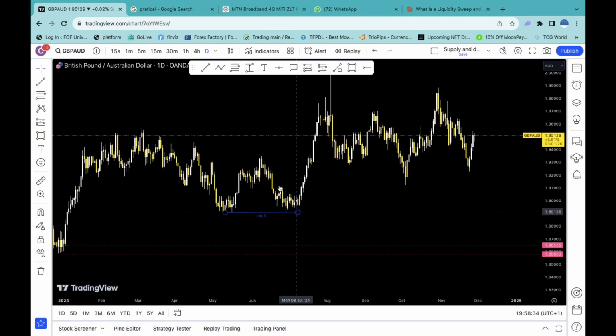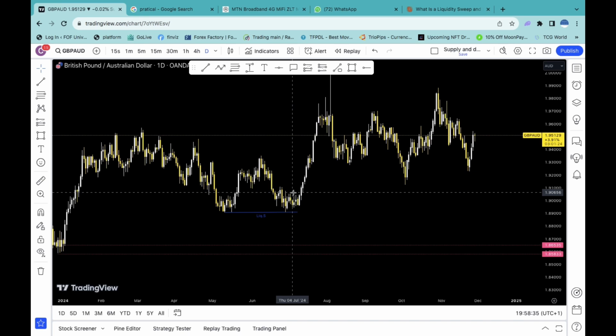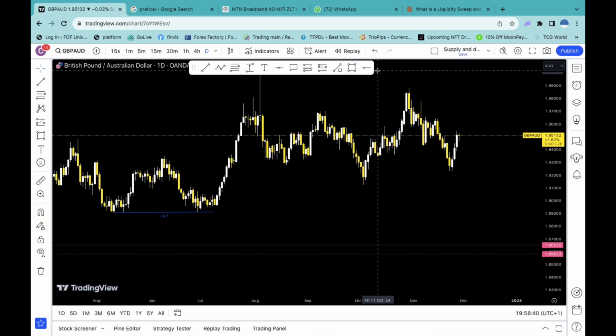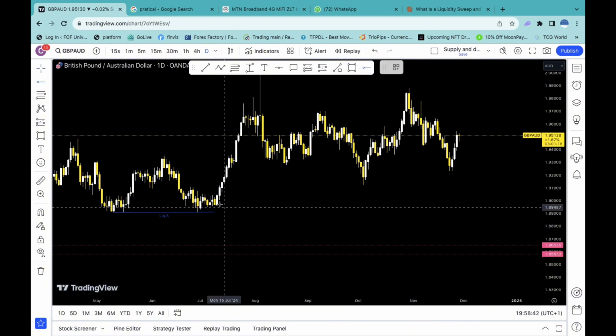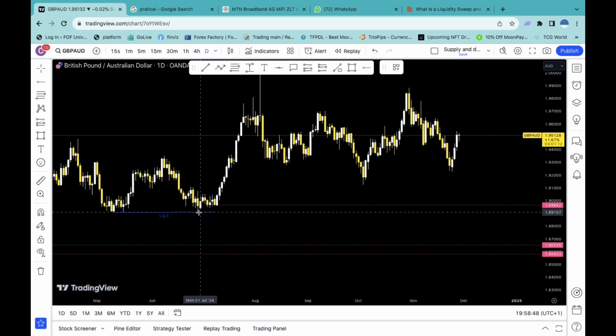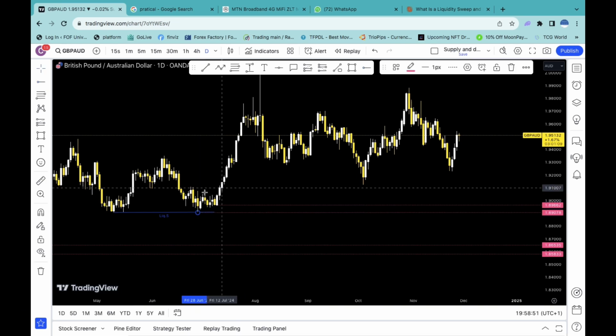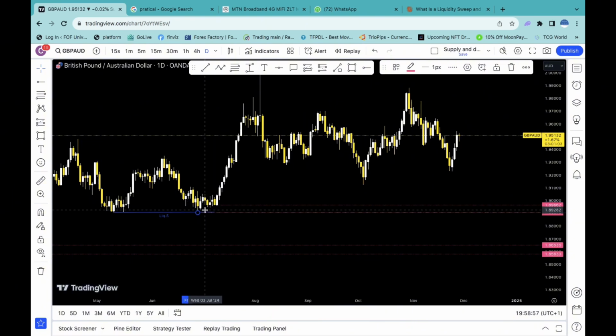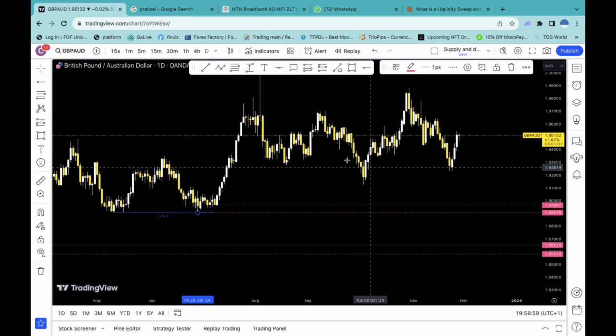Now let's identify another place as POI. I identify this as POI body. This is a range, so the body of the range and the last wick of the range is my POI. If this becomes my POI, where is my liquidity?